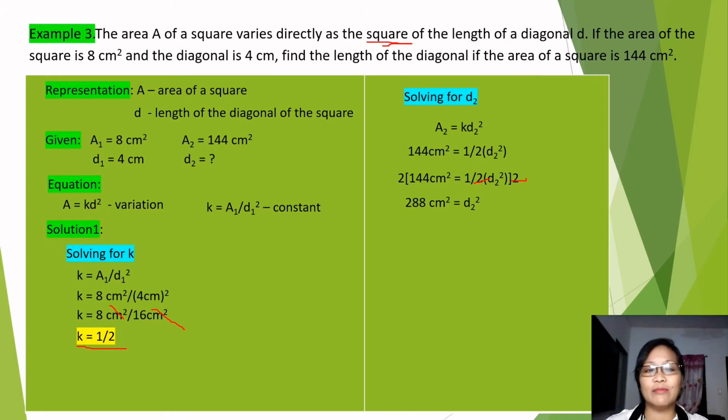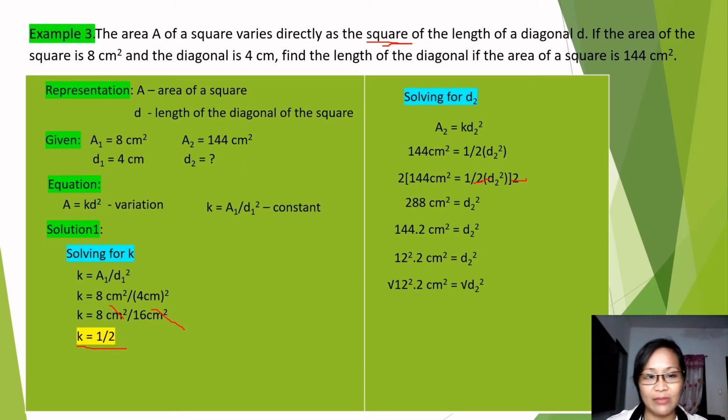To find d sub 2, we need to find first a factor of 288, wherein one of the factors is a perfect square. So we have 144 times 2 centimeters squared. Then, we need to write it in exponential form. So we have 12 squared times 2 centimeters squared is equal to d sub 2 squared. Then, to extract the square, we need to put radical sign on both sides.